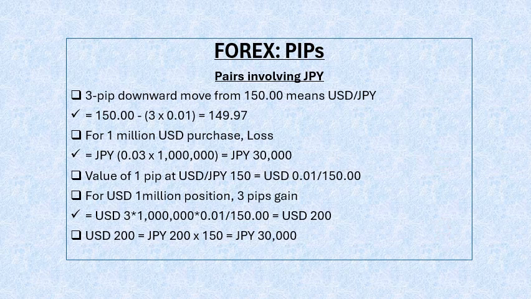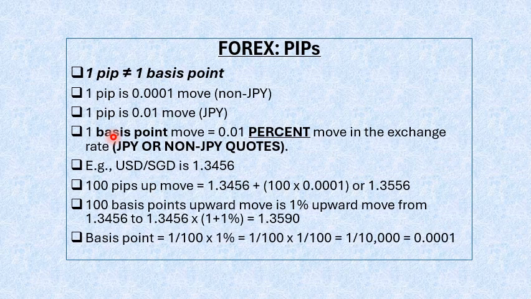Also note that a pip is not the same as a basis point, although both seem to be the same. A pip is a 0.0001 move in the non-JPY currency pair, or a 0.01 move in a currency pair involving JPY. A move of 1 basis point is a 0.01% move in an exchange rate.